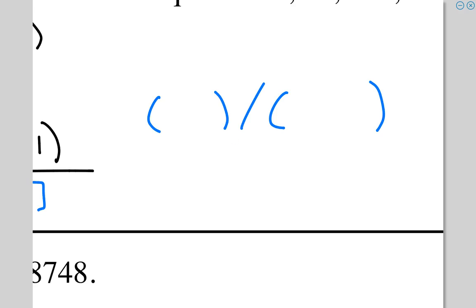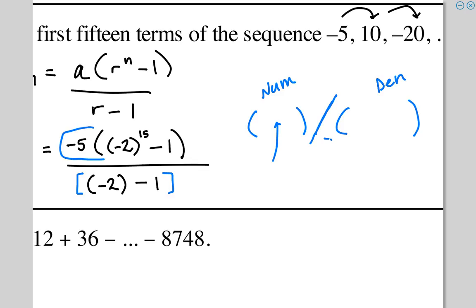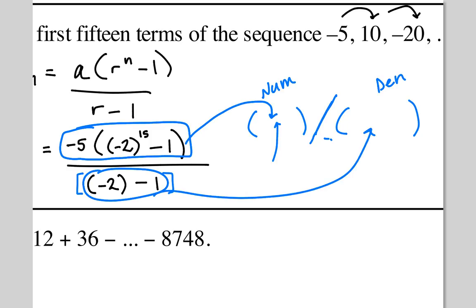If I'm doing a ratio in the calculator, I'll always have a bracket for the numerator slash a bracket for the denominator. Now I put whatever is up here in there, so all this goes in there, and then this here goes in there. Okay? So structure is key.